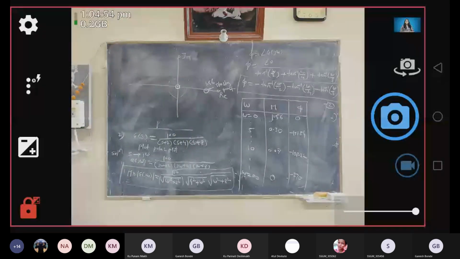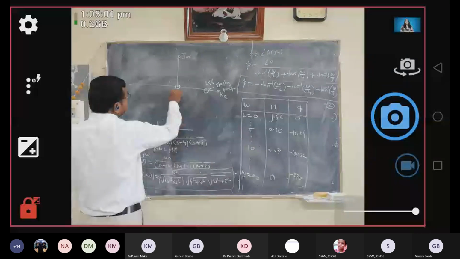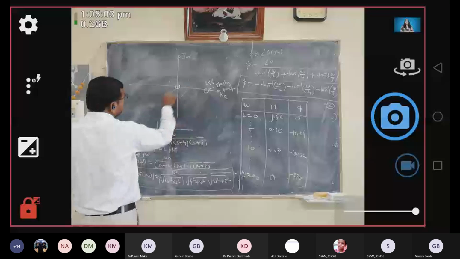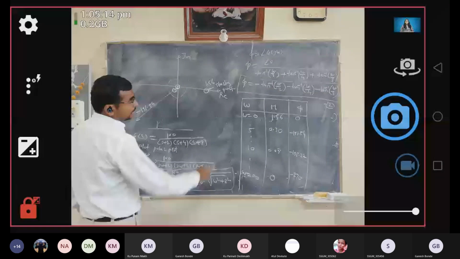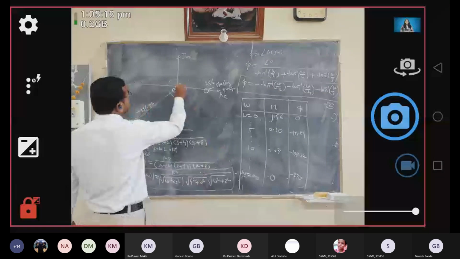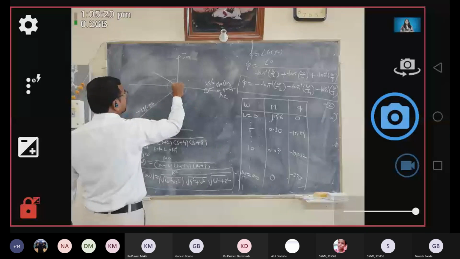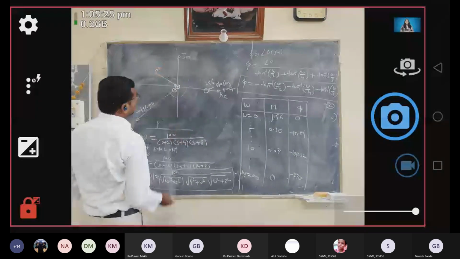Then locate the point 5. For 5, the corresponding angle is minus 151.54, and magnitude is 0.30, so I can locate this point here. Then for 10, the corresponding magnitude is 0.07 and angle is 198 point something, somewhere here.